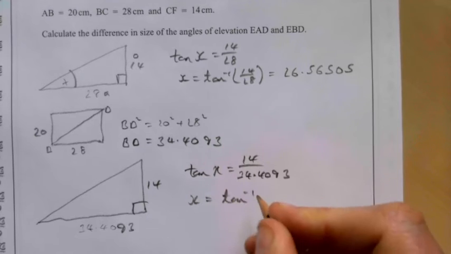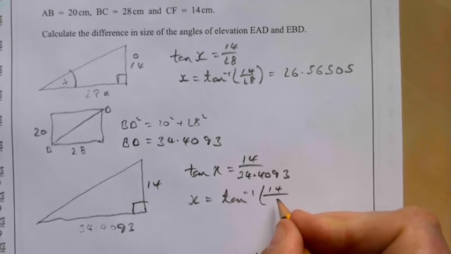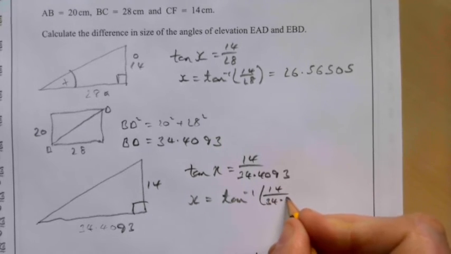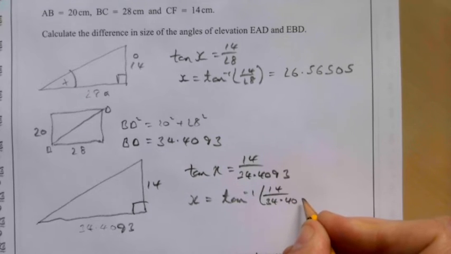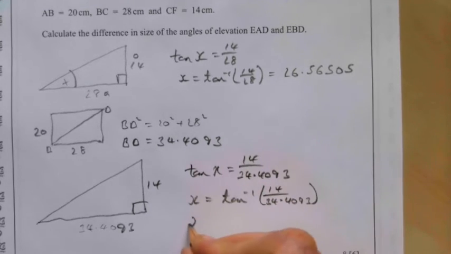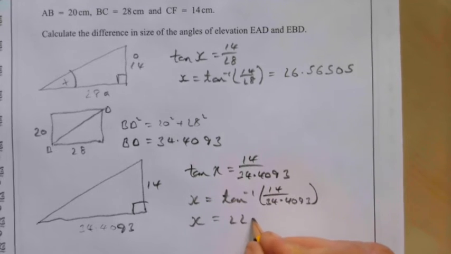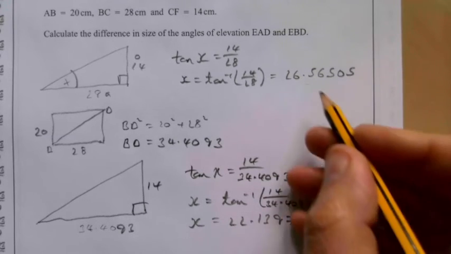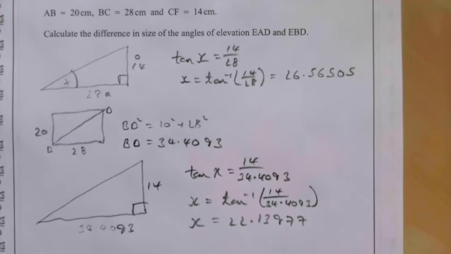X is tan to the minus 1 of 14 over 34.4093. And that angle then is 22.13977. Notice I've kept lots of decimal places in my working out.